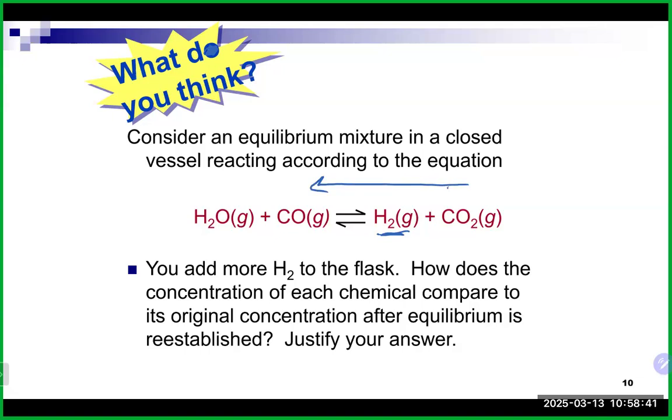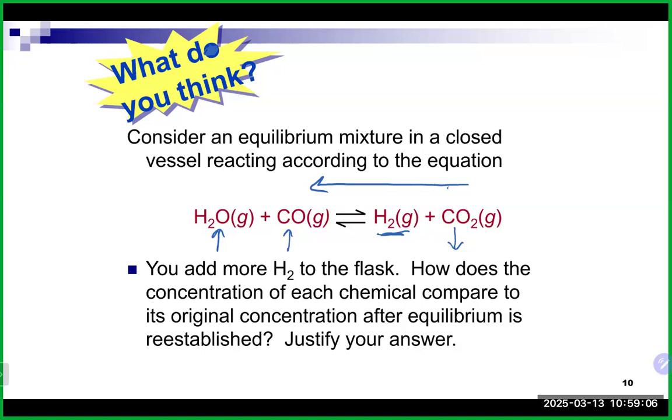Because of that, we would expect the reactant concentration to increase or decrease. Increase. We're heading towards the reactant side, so we should be making some more reactants. The only way we can make more reactants is to use up our products in the reverse reaction. So we should expect the CO2's concentration to go down in this case.